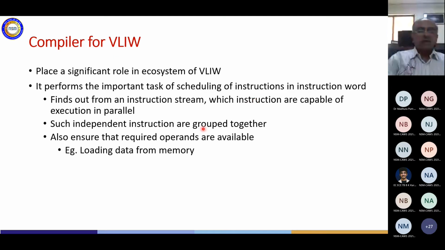Such independent instructions are grouped together, but that's not all. It will see that there are no dependencies, so that's one part. It will also ensure that required operands are available. Suppose the previous instruction is loading from the memory. In one clock you load data from the memory. This instruction of loading from the memory, which is slow, may take 3 clock cycles. If the next instruction is using that data, then it cannot appear in the subsequent instruction word.